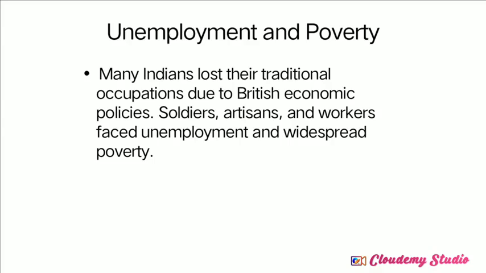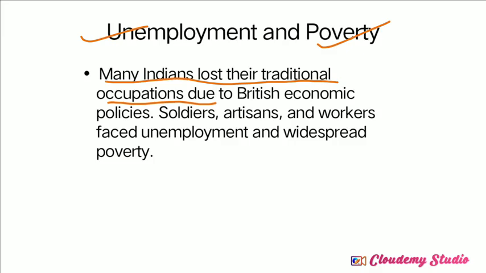So next one, unemployment and poverty. What is the concept of unemployment and poverty? See, many Indians lost their traditional occupations. What are those traditional occupations? Under some of the rulers, dynasties and kings, a lot of different occupations were provided to the Indians, traditional occupations, correct?